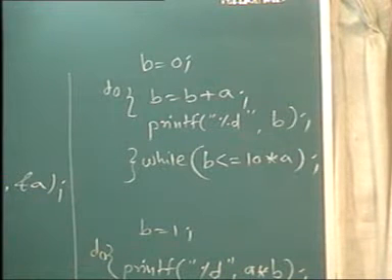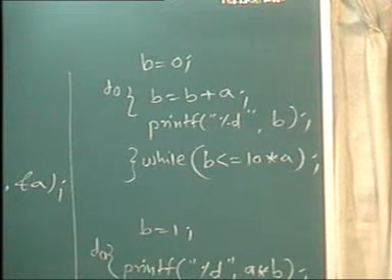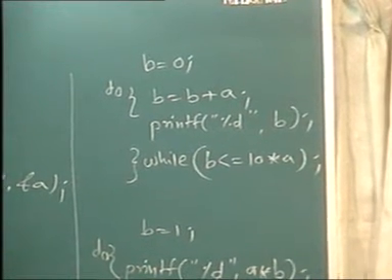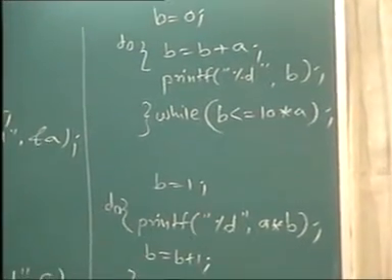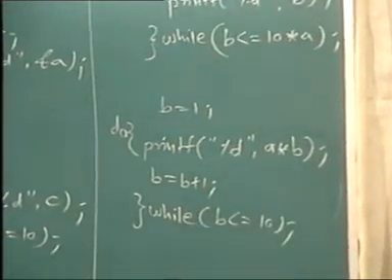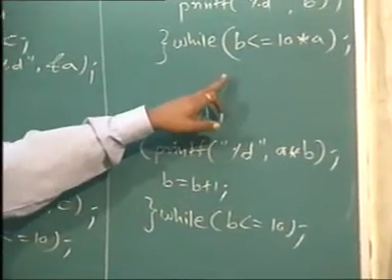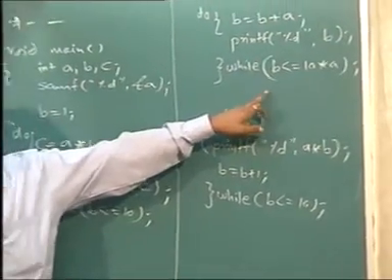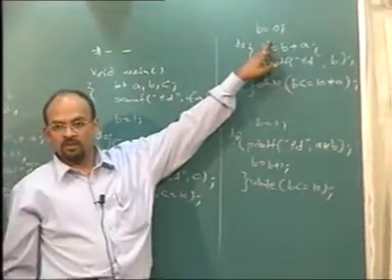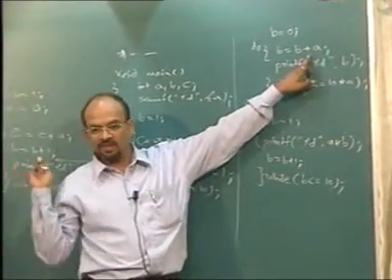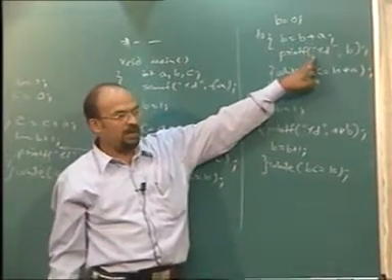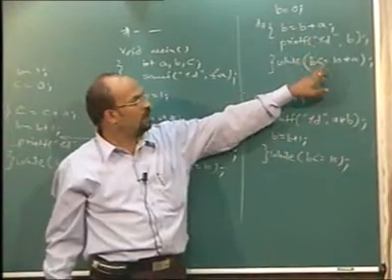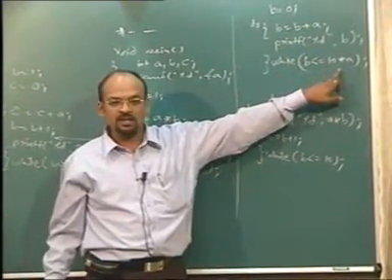If it is 12, go up to 120. If it is 29, go up to 290. Where will I get 290, 120 from? It is 10 into A. Now B is initially 0. It becomes 11 if A is 11. I print 11.